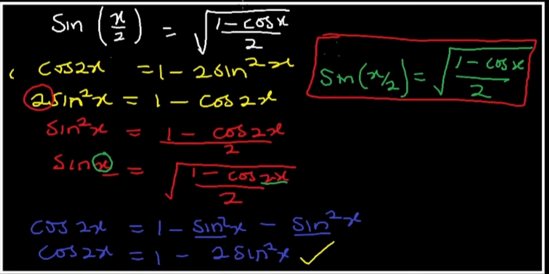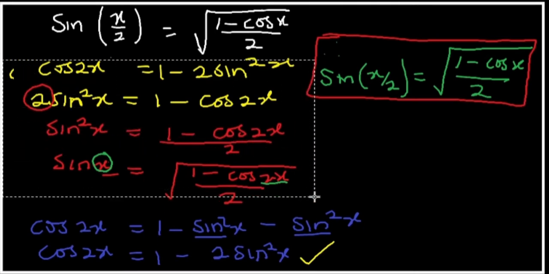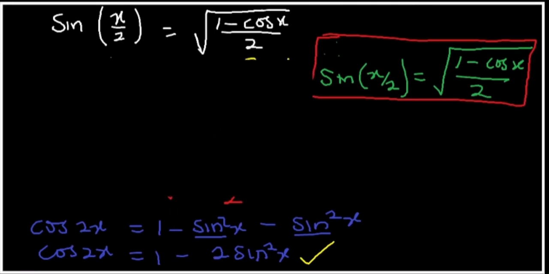So now let's prove for cos. Just from the place we started from, the particular identity. I said cos 2x is cos square x minus sine square x, and I recall cos square x plus sine square x is equal to 1.